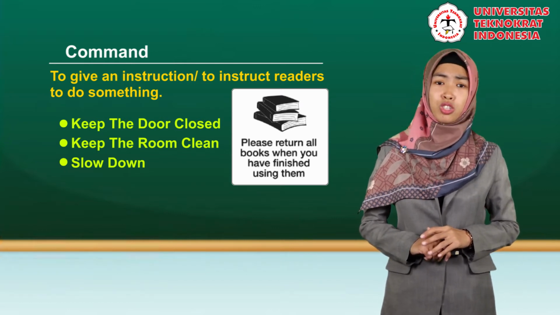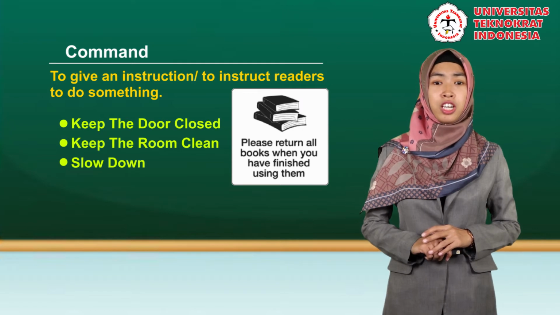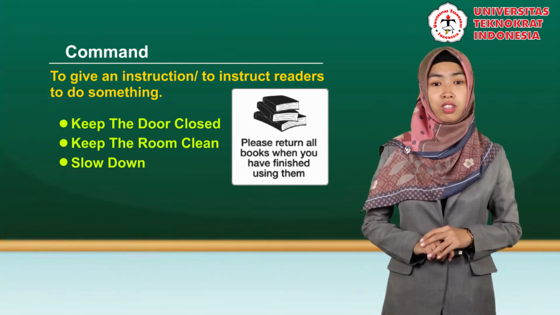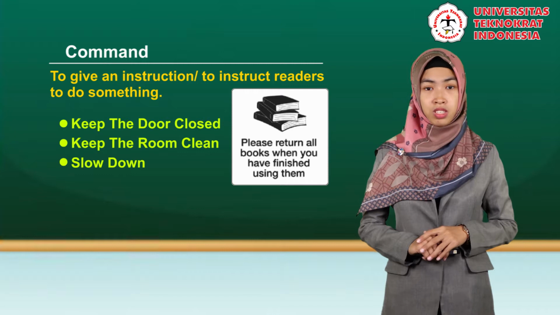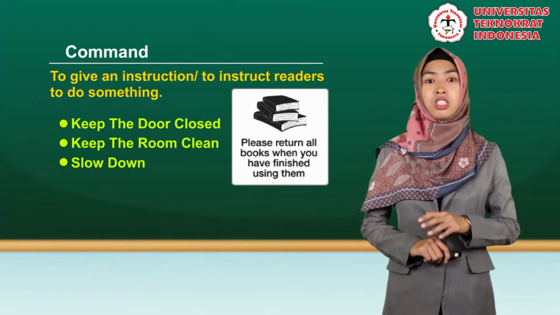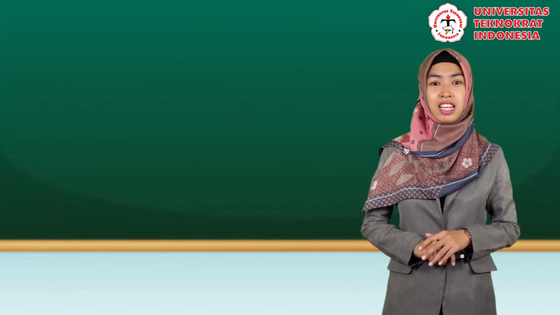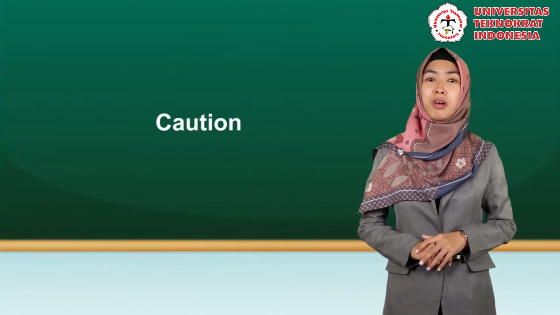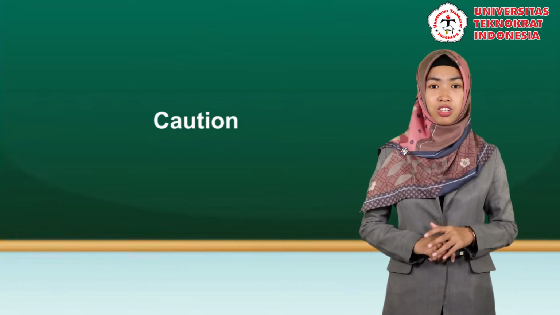And you also can find it in your housing related to the surrounding. If there are a lot of children, there will be a notice, slow down. And then the next one is about caution. What is caution?